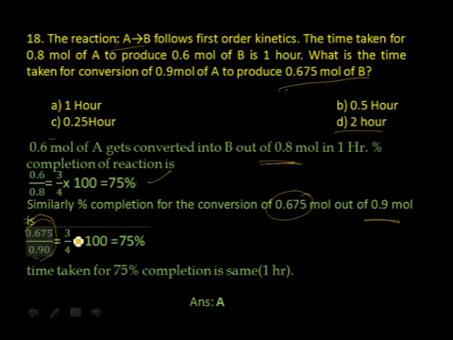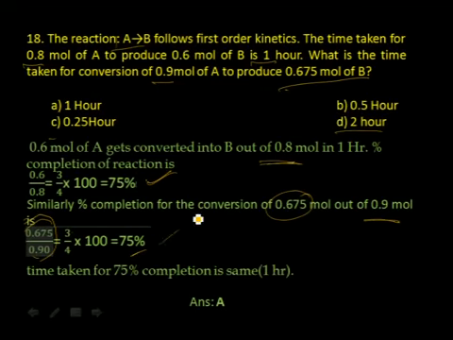When you calculate this, it also turns out to be 3 by 4 into 100, that is also equal to 75%. That means to say, whether you start the reaction with 0.8 mole of A or 0.9 mole of A, in the same 1 hour, 75% of the reaction gets completed.